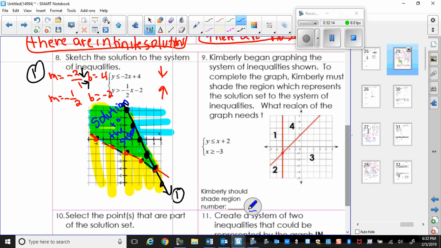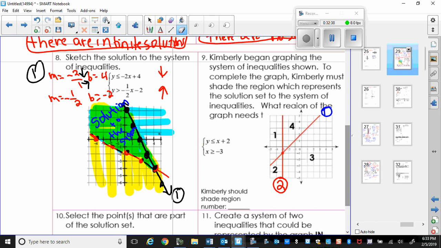So first, my slope for equation number 1 is 1 over 1, y-intercept equals 2. So I'm going to go to 2, and I'm going to go up 1, right 1, and keep going. And it looks like this is my equation. Now, that means this one is equation number 2. So let's talk about shading.